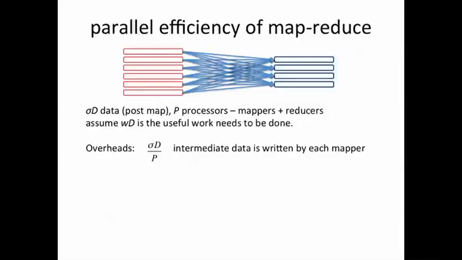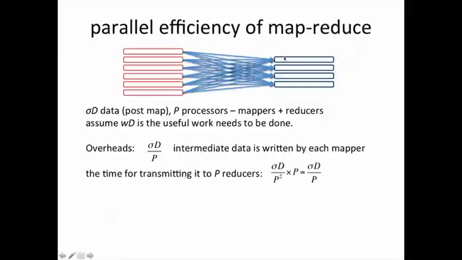After the map operation, instead of d data items, we have sigma d data items in p pieces. So each mapper writes sigma d over p data to its local disk. There's some overhead associated with writing this data. Next, this data has to be read by each reducer before it can begin reduce operations.